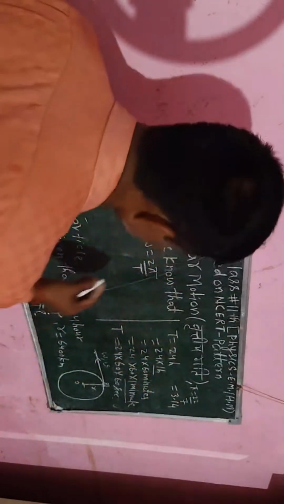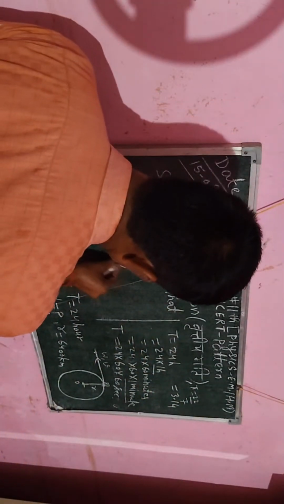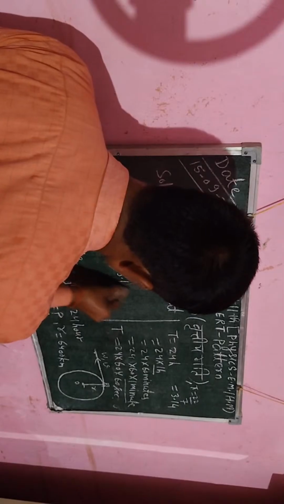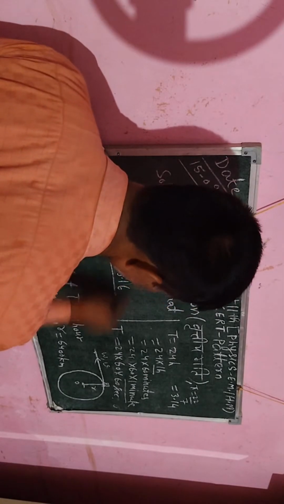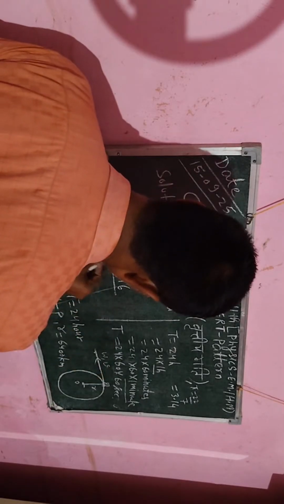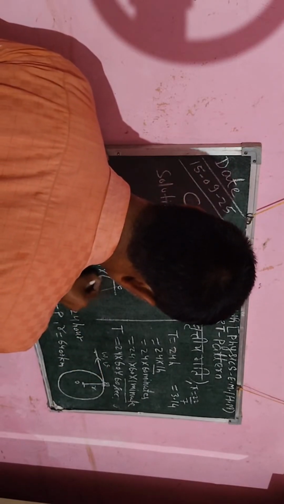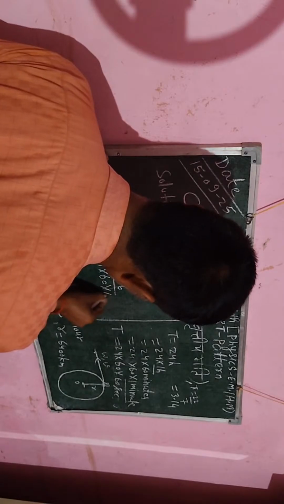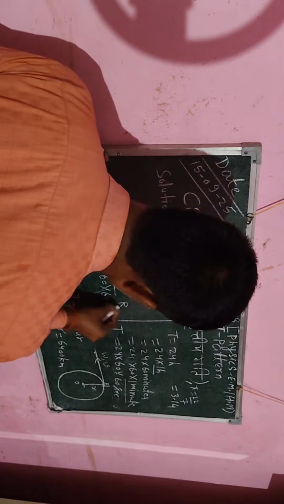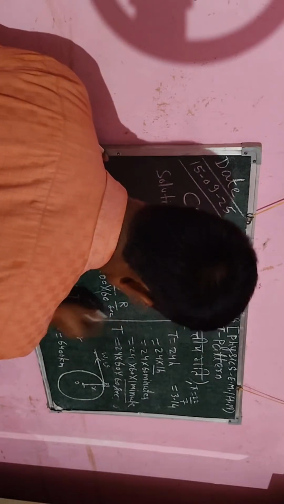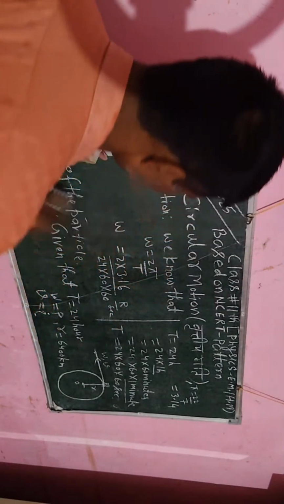So I will substitute its value: 2 into 3.14, and in the place of T I have to put 24 into 60 into 60, which will come in seconds. So here I will write radian per second. This is the value of omega.